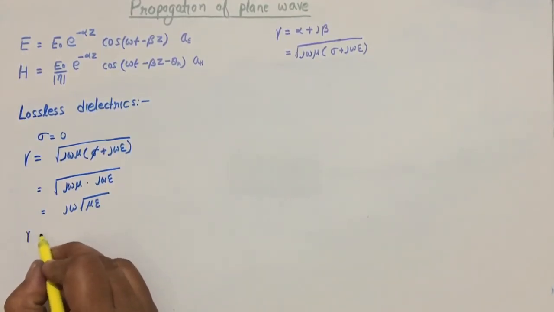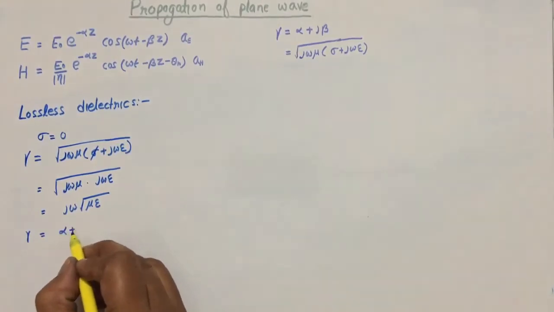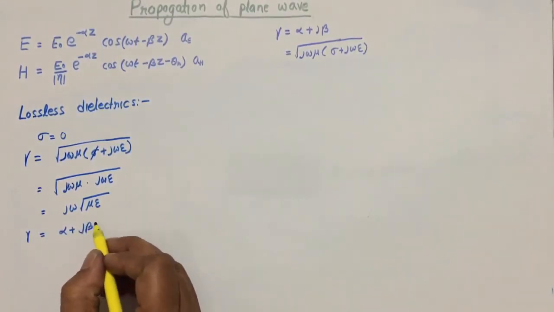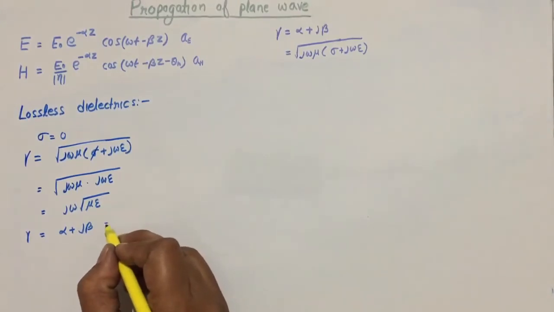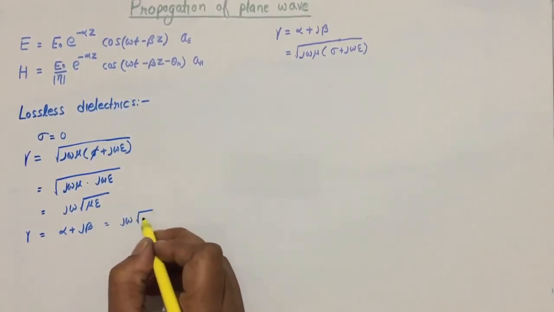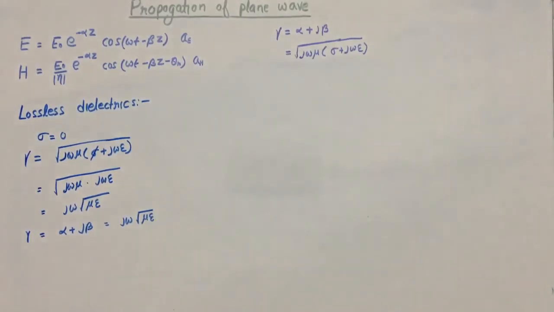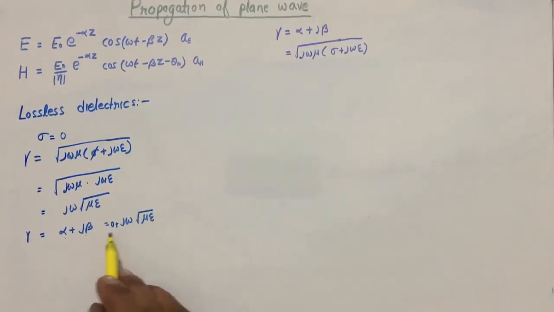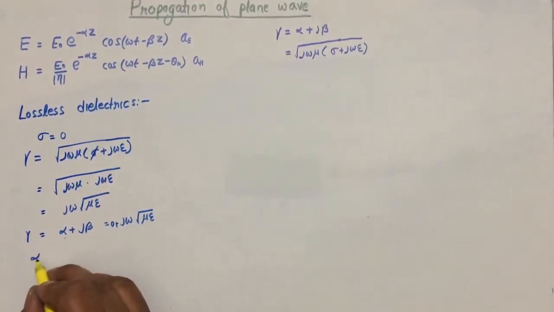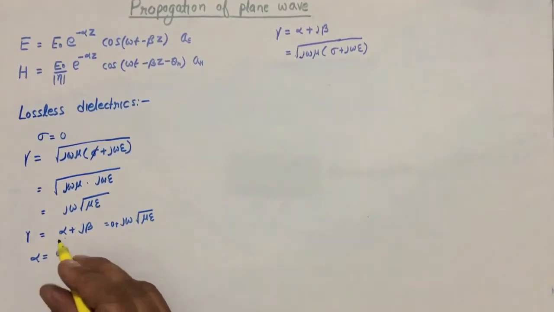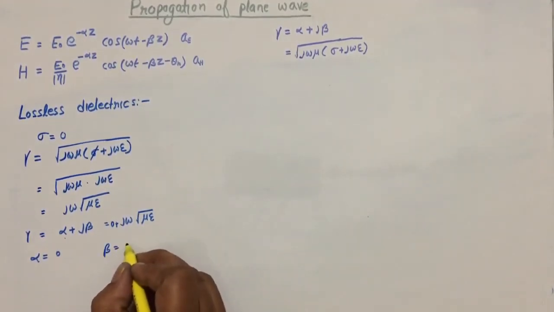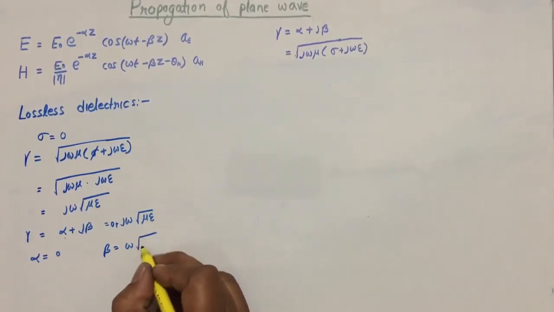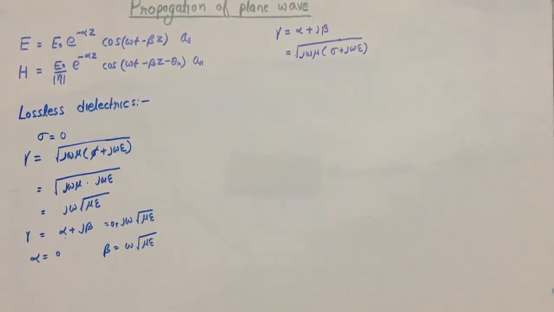So from here we find gamma is equal to alpha plus j beta, we know this, and that is equal to j omega square root of mu epsilon. Okay, now we can relate these two parts. Real part will be equal to the real part, and imaginary part will be equal to the imaginary part. So from here we find alpha will be equal to 0 and beta will be equal to omega under root mu epsilon.